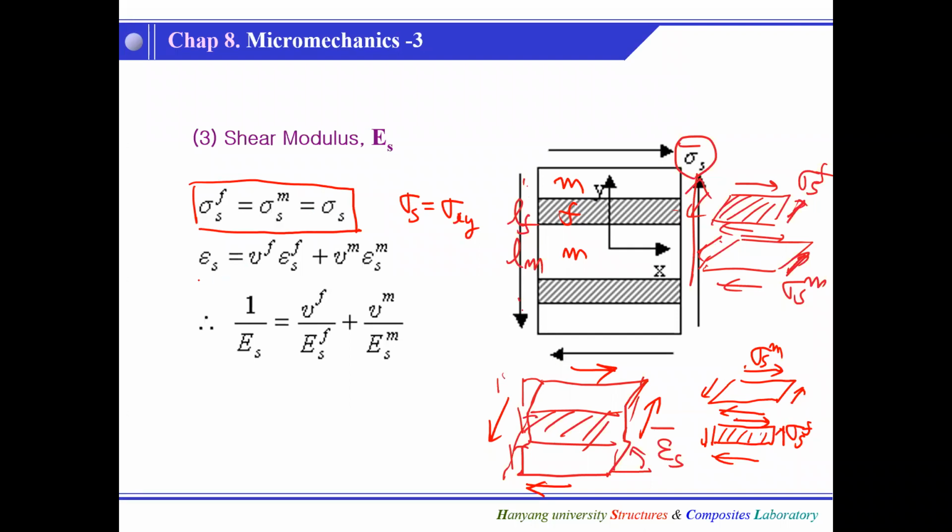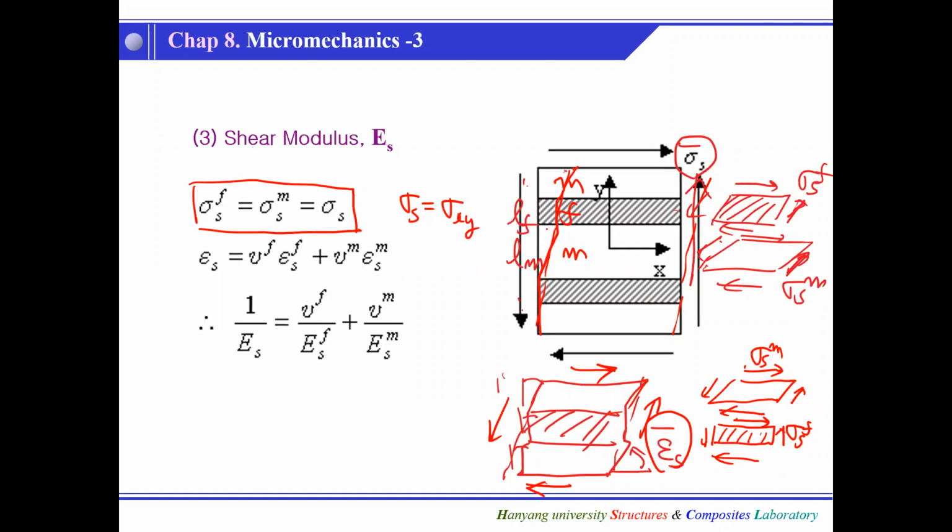And deformation-wise, ES is the ply level shear stress, and the ply level shear strain is the deformation along this angle, right? This angle. But this is not straight because each one has a different stiffness. So this is something like that and something like this.